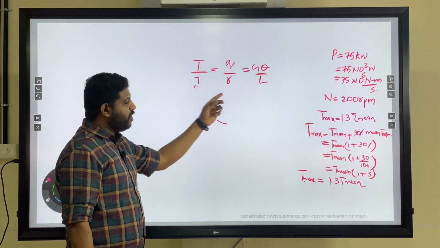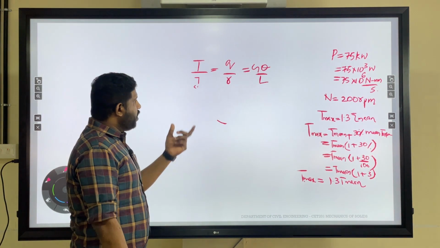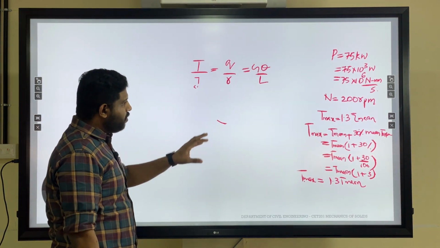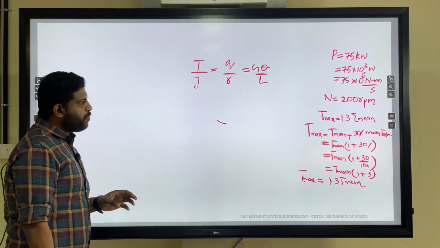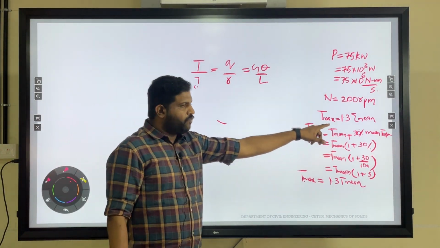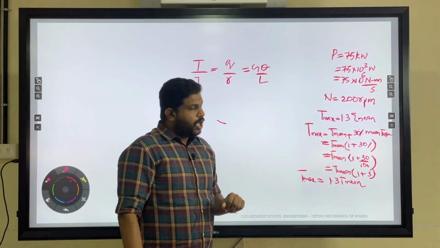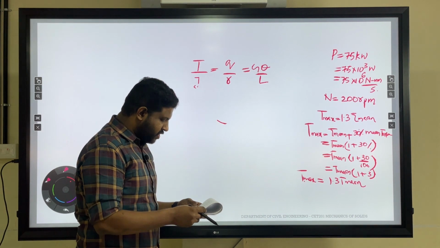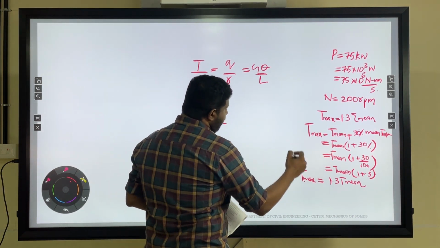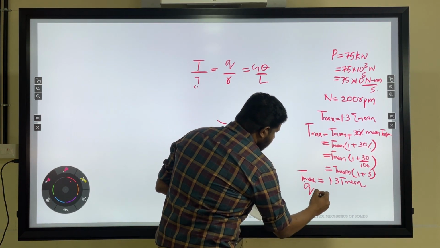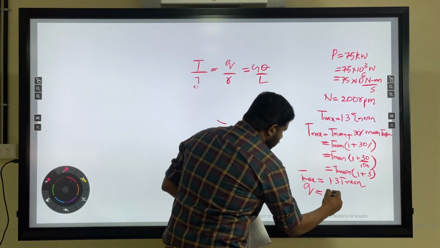So this is a normal equation we are considering. So here the first thing we have to do is design a shaft which is capable to transmit a maximum torque of 1.3 times the mean torque, and the maximum shear stress condition is given in the question, that is 70 Newton per mm square.